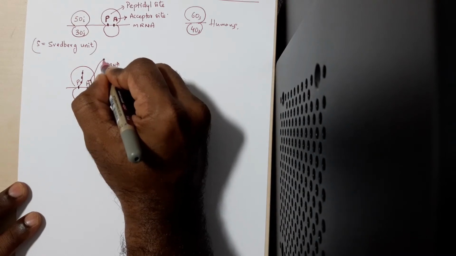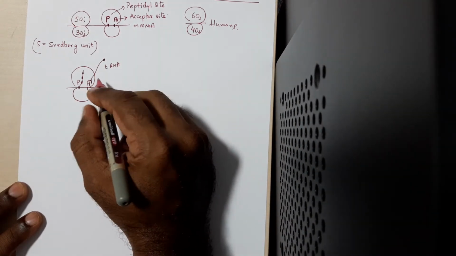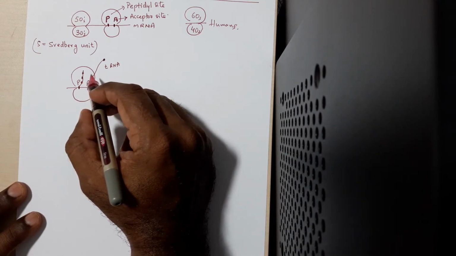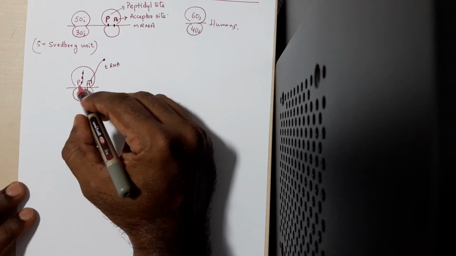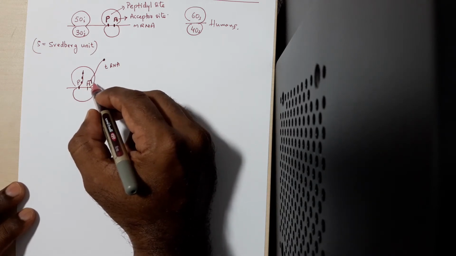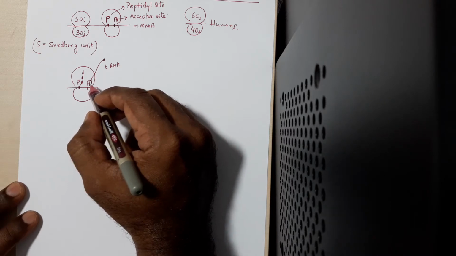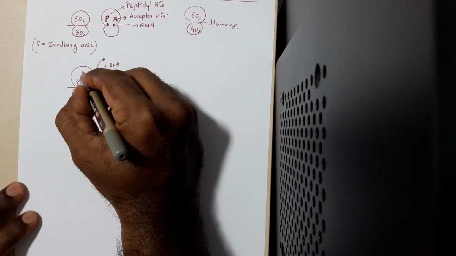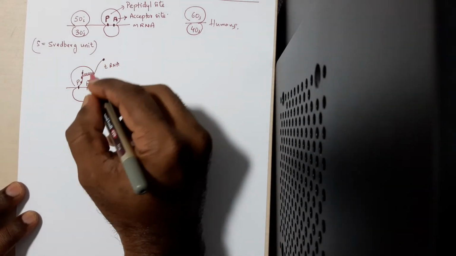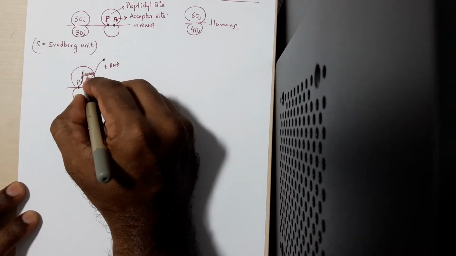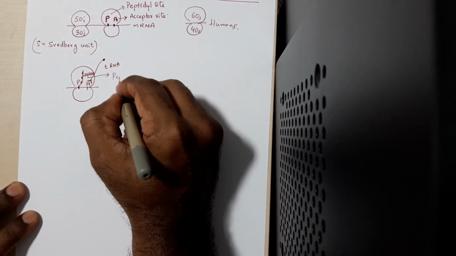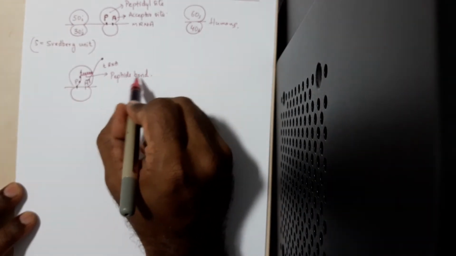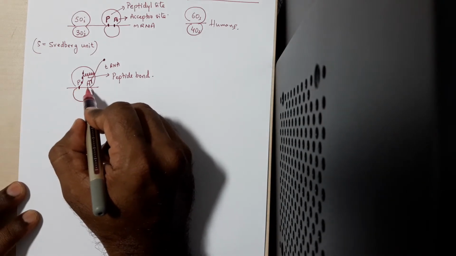These are all complementary. Now there is formation of a bond between the amino acids on the P site and the amino acid on the A site. This bond is called a peptide bond.